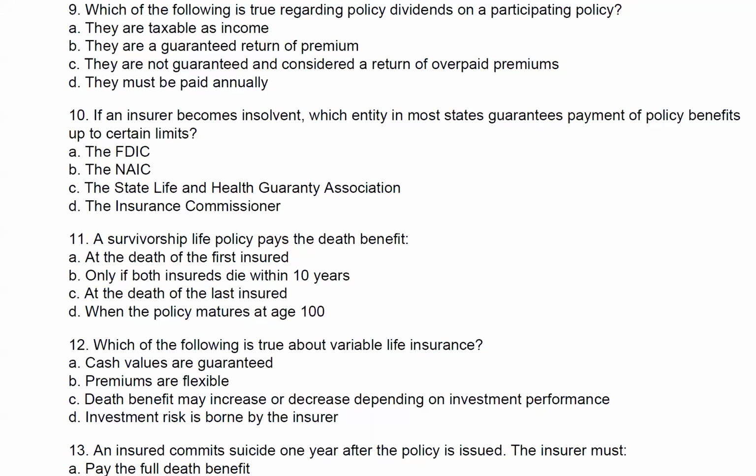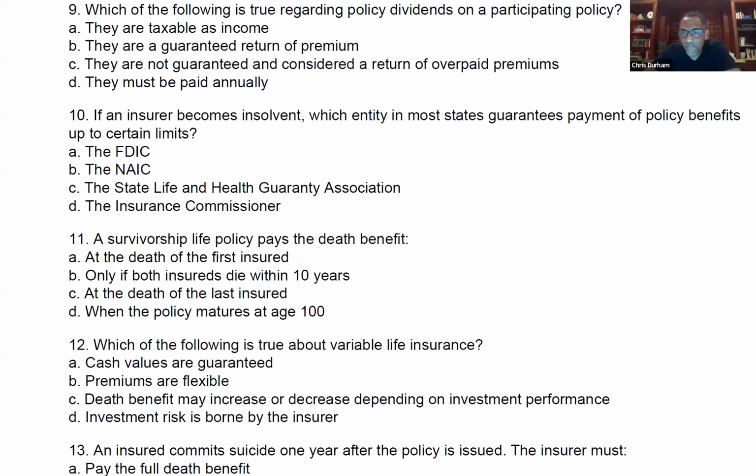All right, Tay, pick us up right there, number 11. A survivorship life policy pays the death benefit at the death of the first insured, only if both insureds die within 10 years, at the death of the last insured, or when the policy matures at age 100. Is it C?